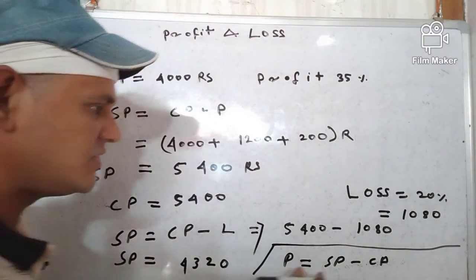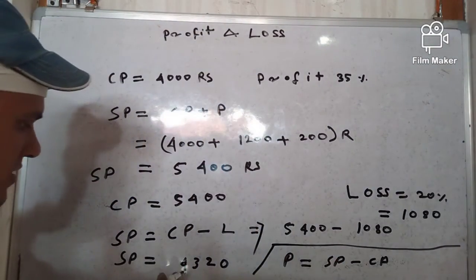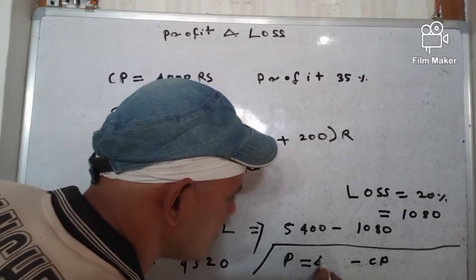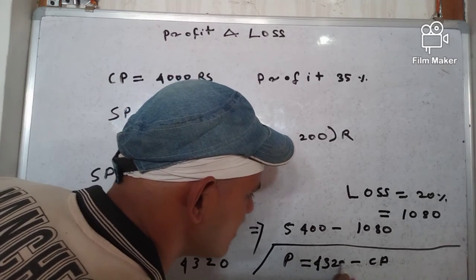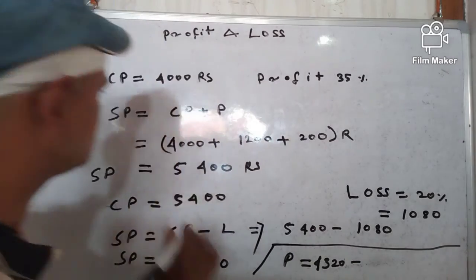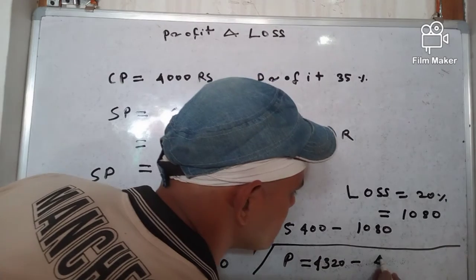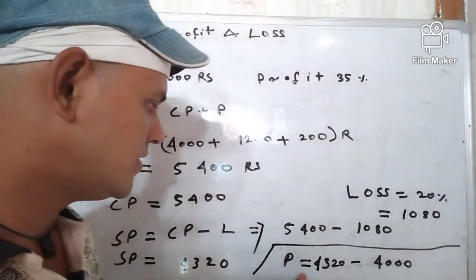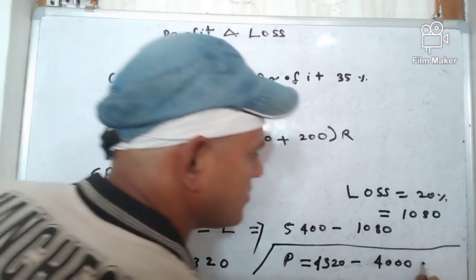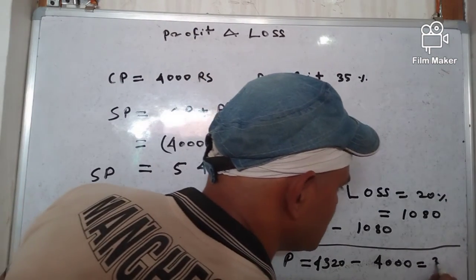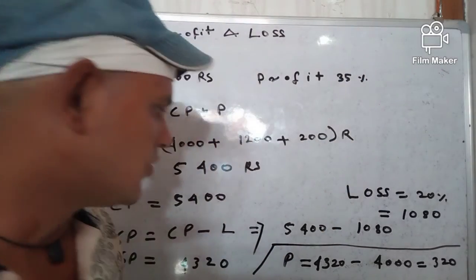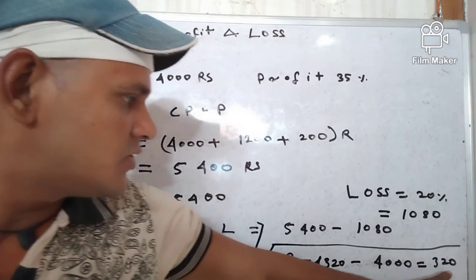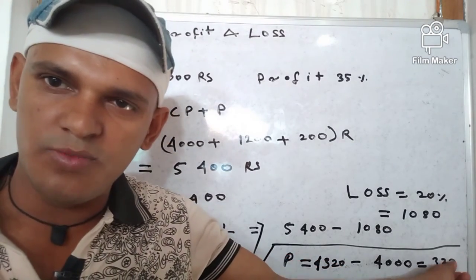SP is 4320, keep here 4320, and CP is 4000. So solving it will be 320. So profit equals 320. So 320 is the answer to this question.